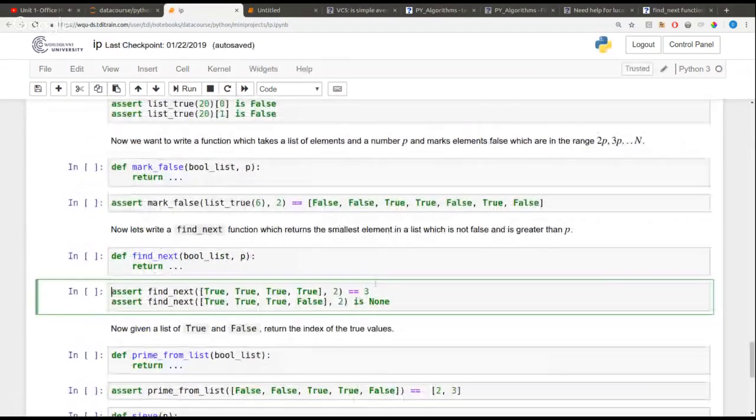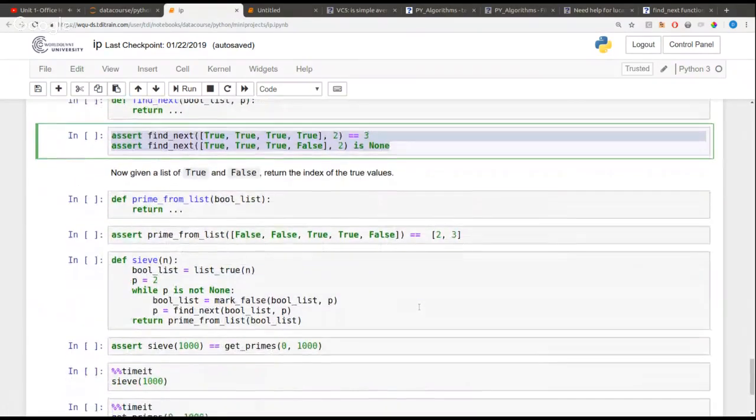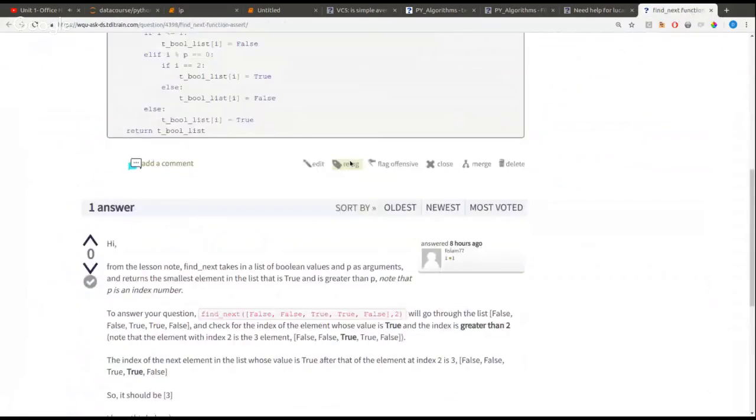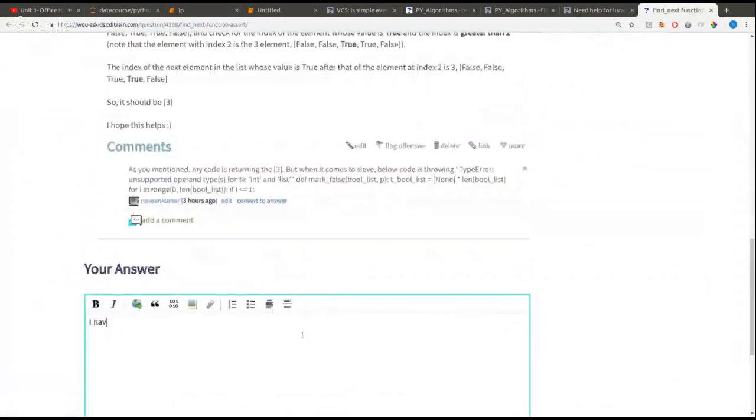Yeah, no, the assertion here says 3. And then this is primes from list, not find next. I have different assert statements.